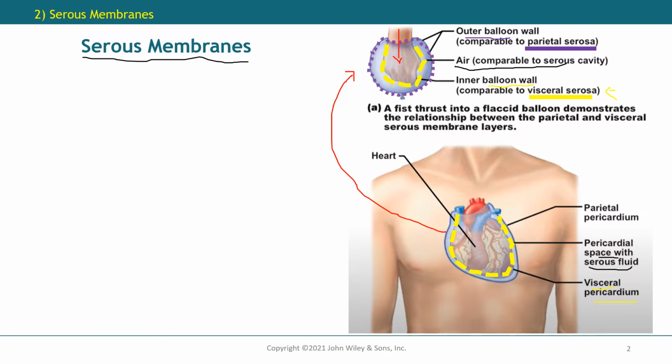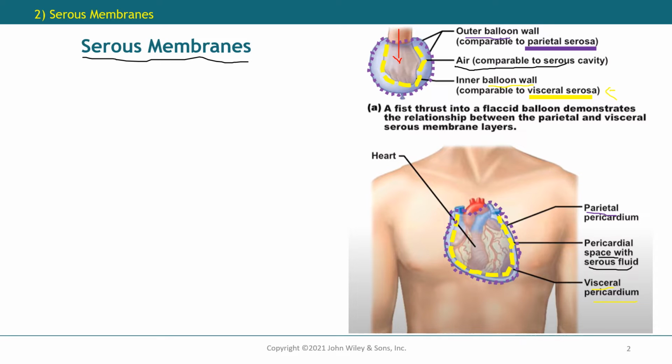And outside of that, you will have the parietal pericardium, a membrane that is outside, close to the body cavity and far from the organ.